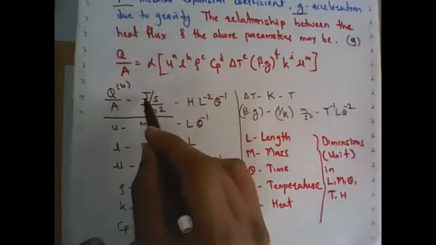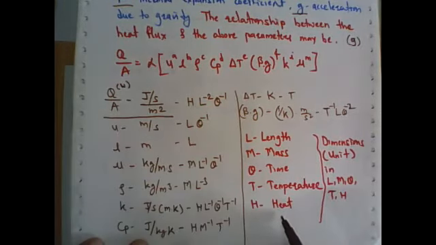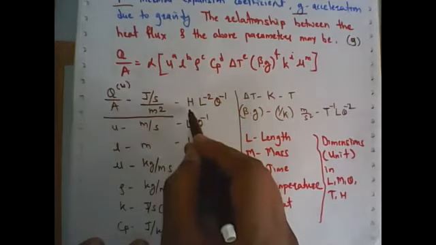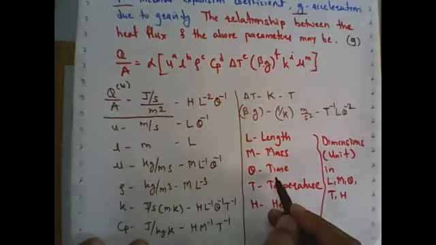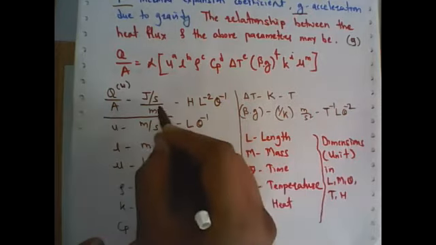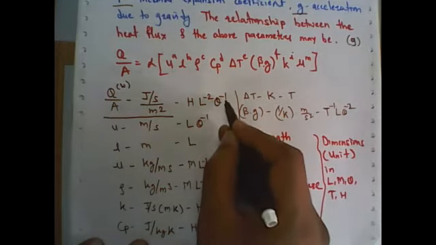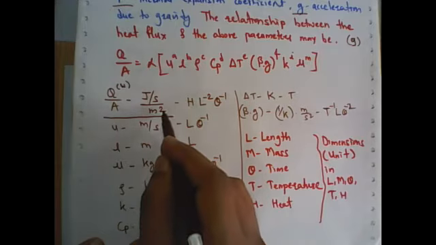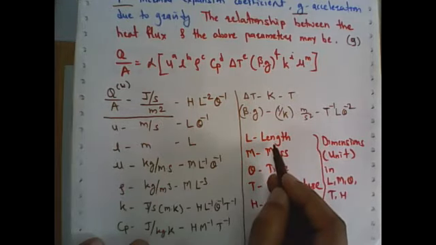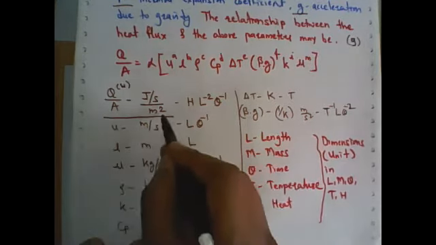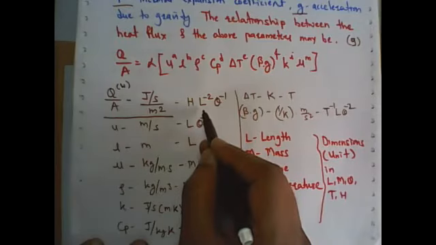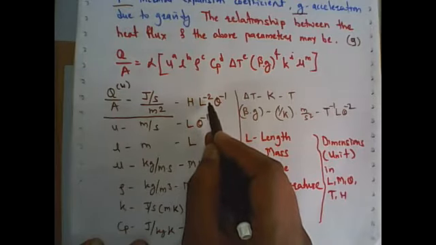So we have to convert these units or dimensions in terms of these dimensions. So joules, that is nothing but the unit of heat, so it is H. Per second, so it is time, that is why theta raised to -1. Then it is meter square. So length unit is meter and the area unit is meter square. That is why it is written as per meter square. So it should be length raised to -2, right?